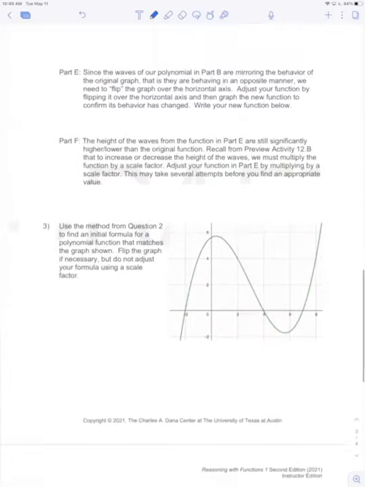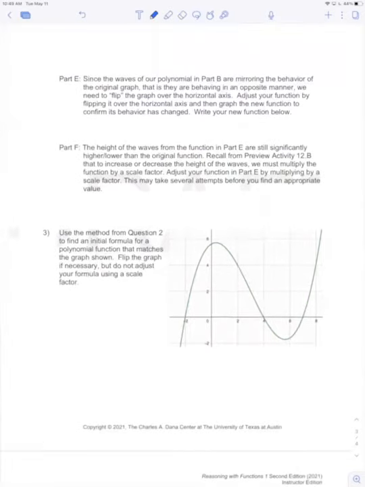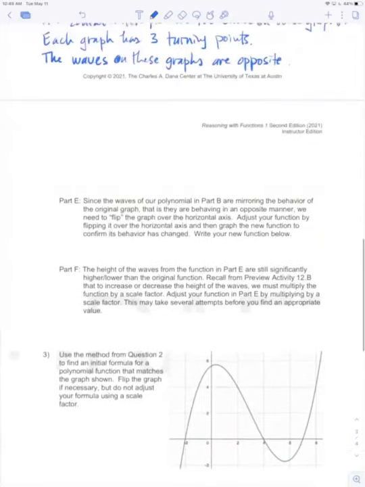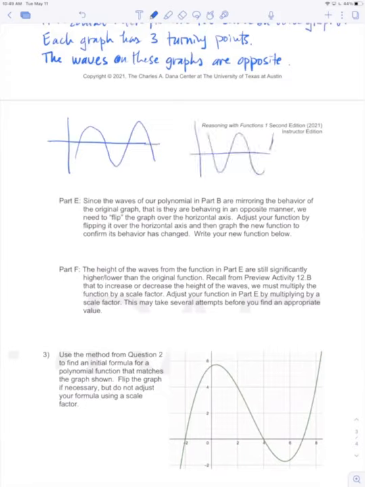So it looks like we had a graph that kind of did something like this. But when we graphed it, it looked like that. So it looks like we want to rotate one of these graphs around the horizontal axis, kind of flip it over, so they are the same.